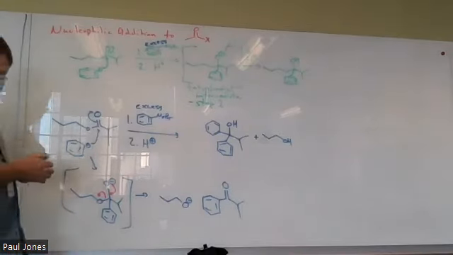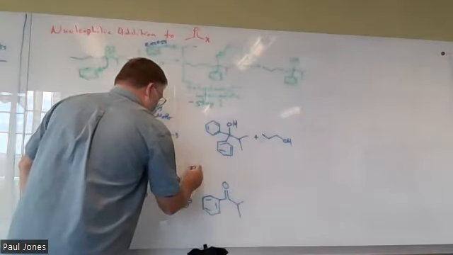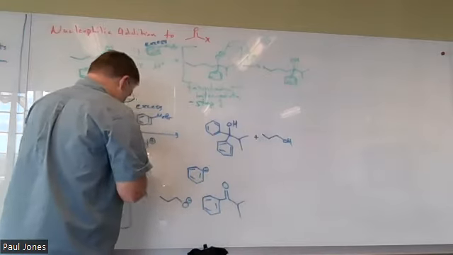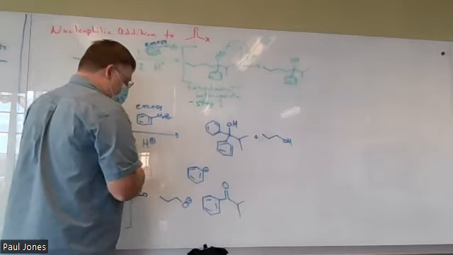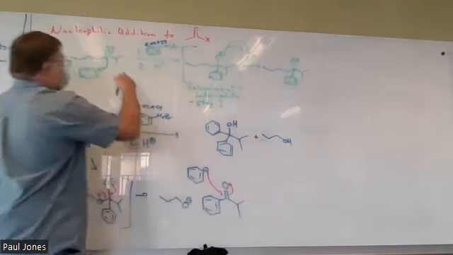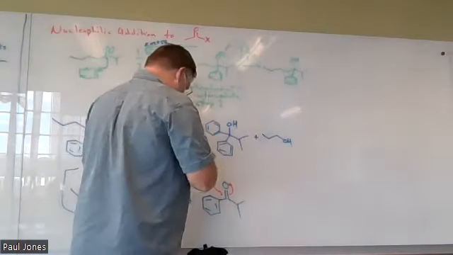And so what happens is the Grignard, we still have excess Grignard. So that's going to attack. And now this is just adding a Grignard to a ketone. So now our tetrahedral intermediate is irreversible.